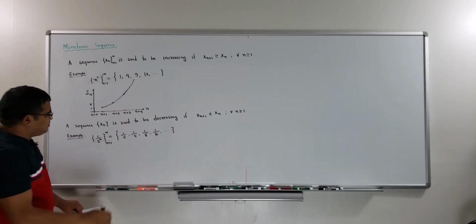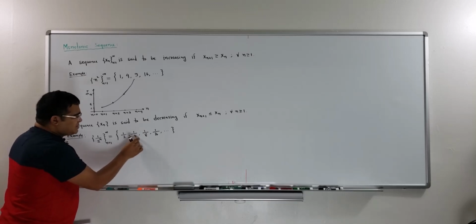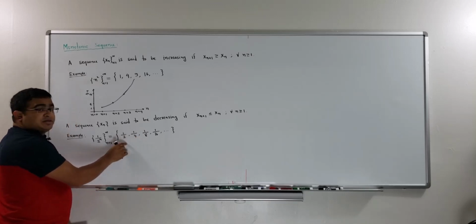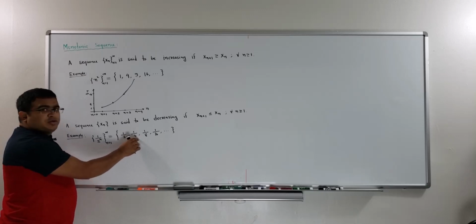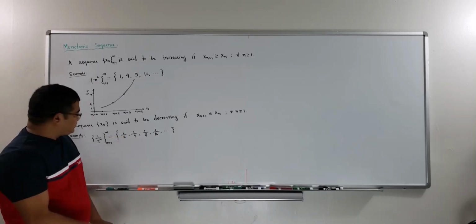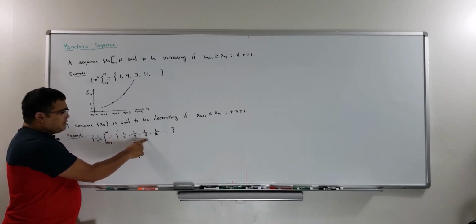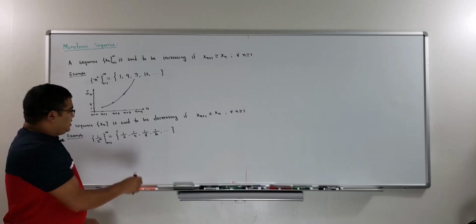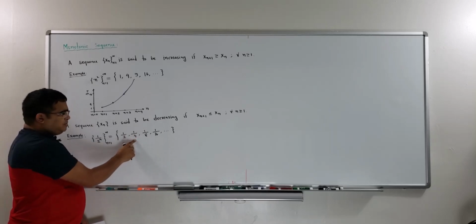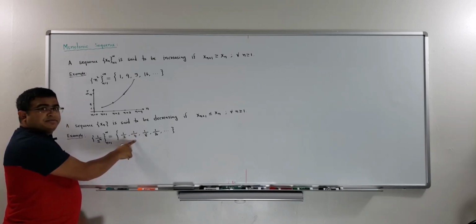If you compare any two consecutive terms, the next term is less than the previous term. 1 over 4 means 0.25, and 1 over 2 means 0.50, so this one is definitely less than that one. Similarly, 1 over 8 is 0.125, definitely less than 0.25.